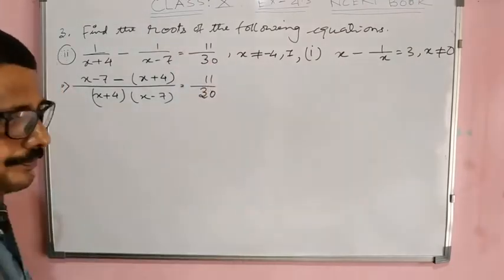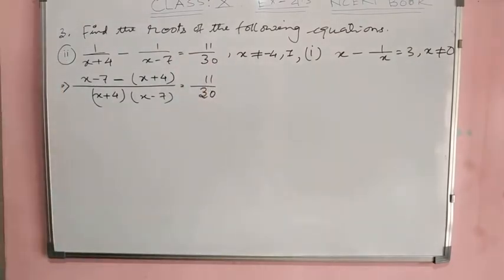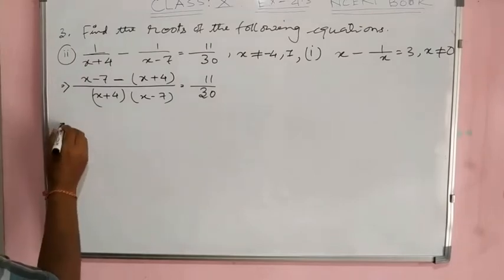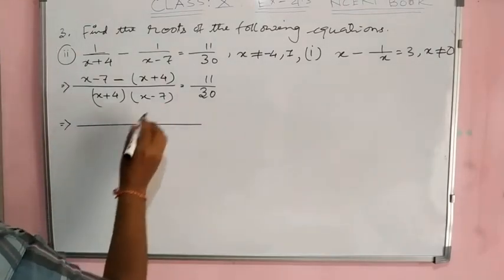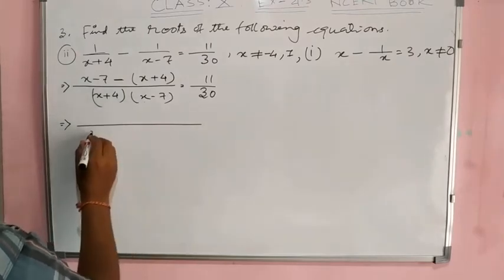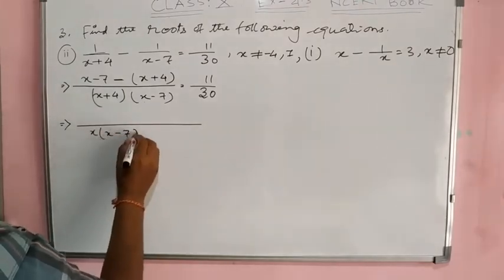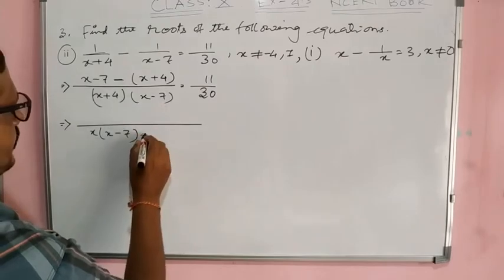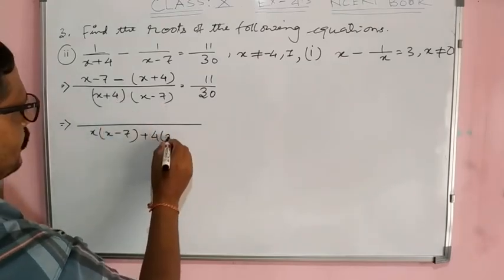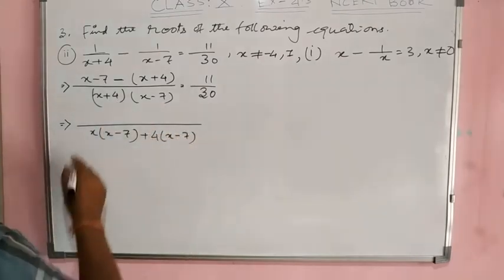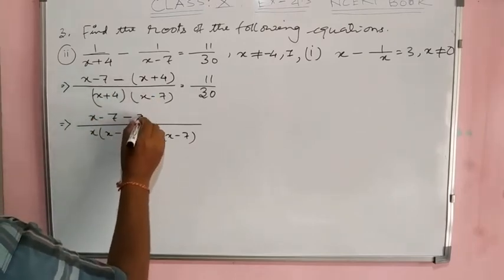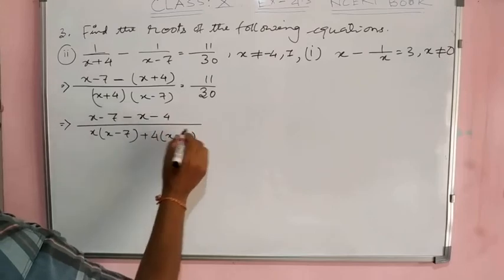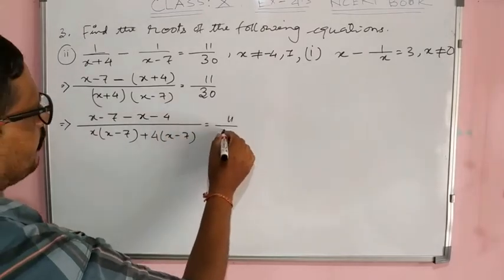And equal to 11 by 30. Now let us multiply this. It will be x into (x minus 7), and by 4 we are multiplying this, and this (x minus 7), removing the bracket, minus (x plus 4) equal to 11 by 30.